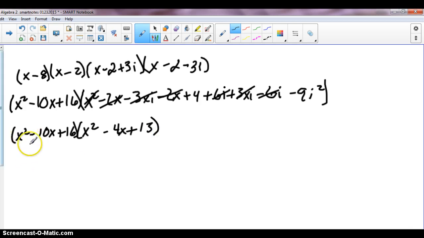Now we still need to go ahead and multiply all these together. So bear with me. It's a long, long trip. X squared times all this. Negative 10x times all this.